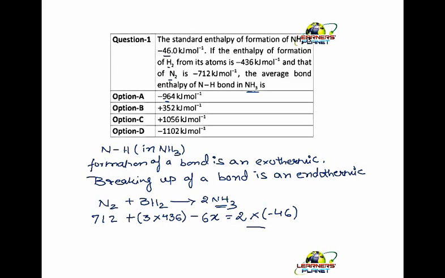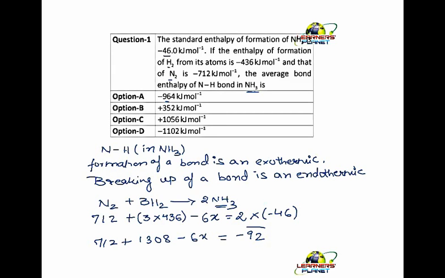The enthalpy of formation of a substance is equal to the bond energy of the reactants minus the bond energy of the products. Now this is your 712 plus 3 into 436, which comes out to be 1308, minus 6x is equal to 2 into 46, and that gives you minus 92.